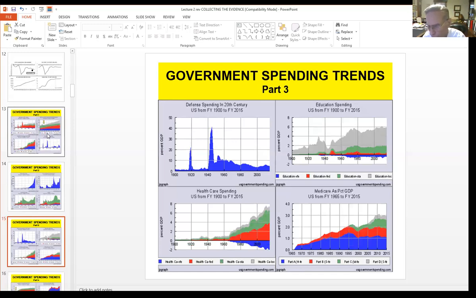But if you look further, what you will see is that the red is federal. That's federal money, usually doled out to the states, so the states can spend it on their universities. And you can see that that's not very much. The green is state spending.